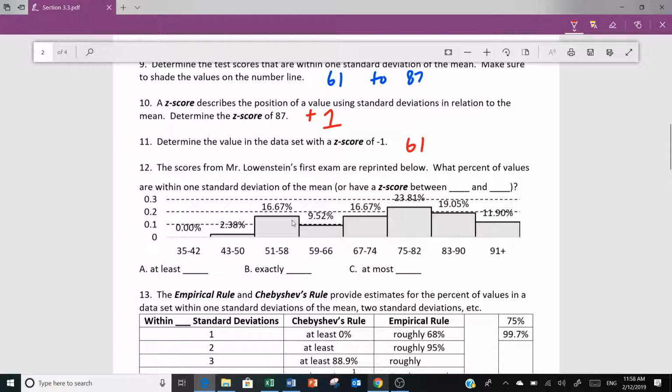The z-score would be -1. Yeah, so the mean is 74.